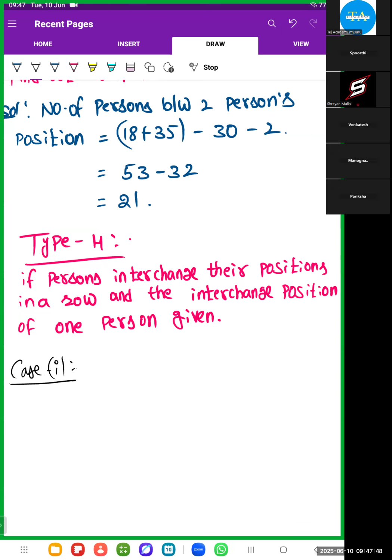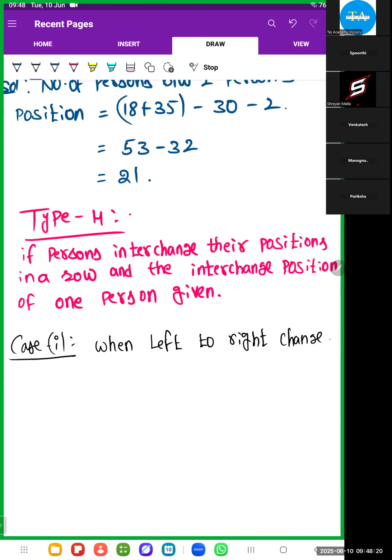Okay. So case 1 is when the interchange is left to right or right to left.